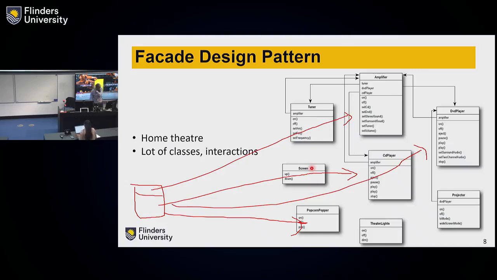Secondly, if the author of that code, the producer of that code, updates certain classes, it means all the code that you have written needs to be updated as well, isn't it? For example, if previously there was interaction between tuner and amplifier, and the producer changed these interactions some other way, then definitely the logic you have over here needs to be updated.